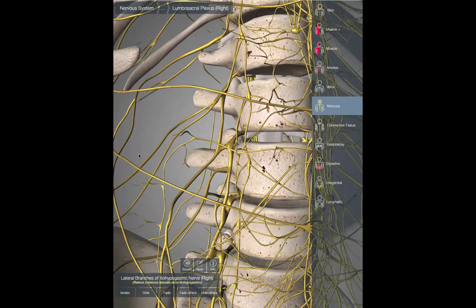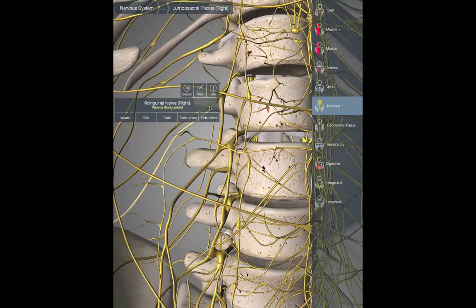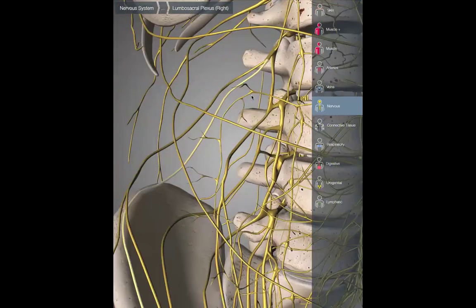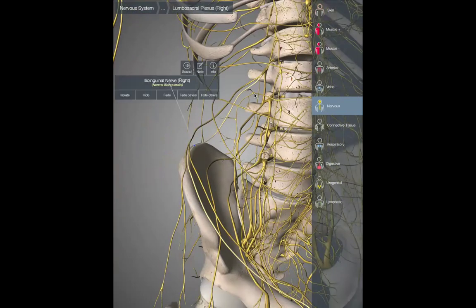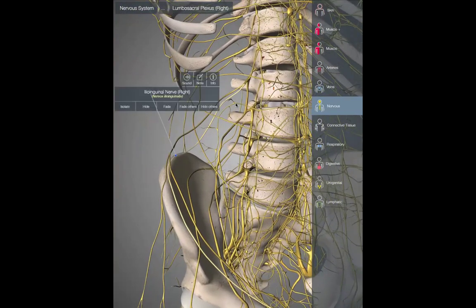The second one is the ilioinguinal. From the same root, the ilioinguinal follows the same course as the iliohypogastric nerve. It innervates the muscles of the anterior abdominal wall.